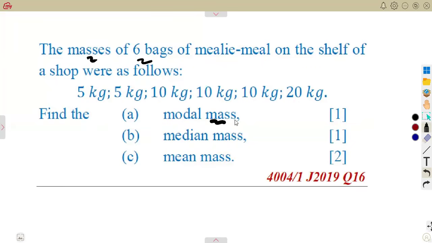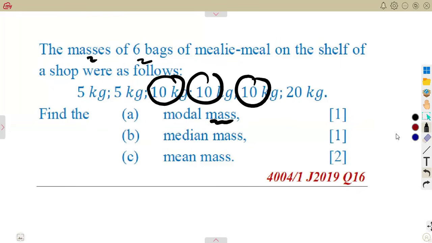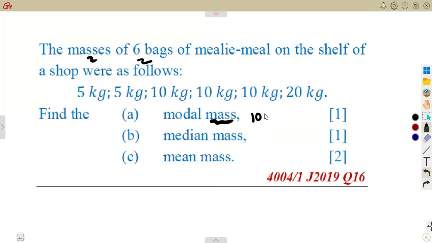Remember, the modal mass is the one that is appearing the most. You can see there's a 10 appearing 3 times. A 5 is appearing 2 times. The 20 is appearing once. Which one is appearing the most? The 10 kilograms. So that is our modal mass. So the modal mass is going to be 10 kilograms.